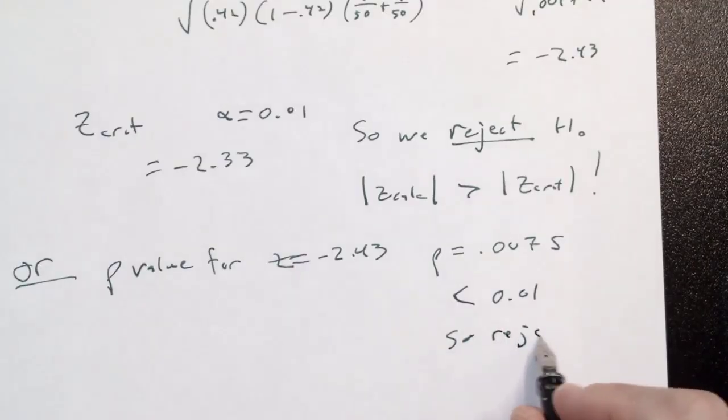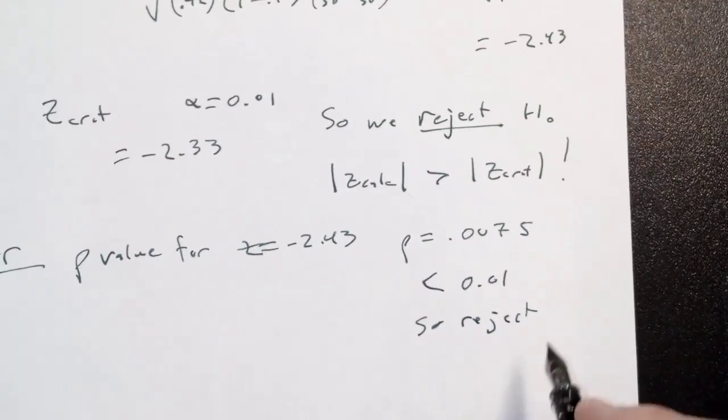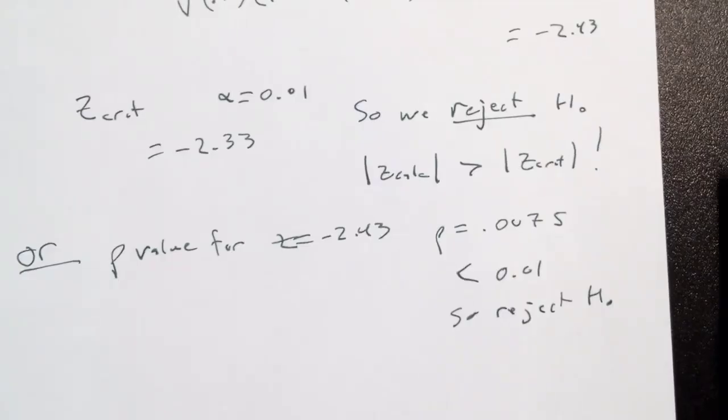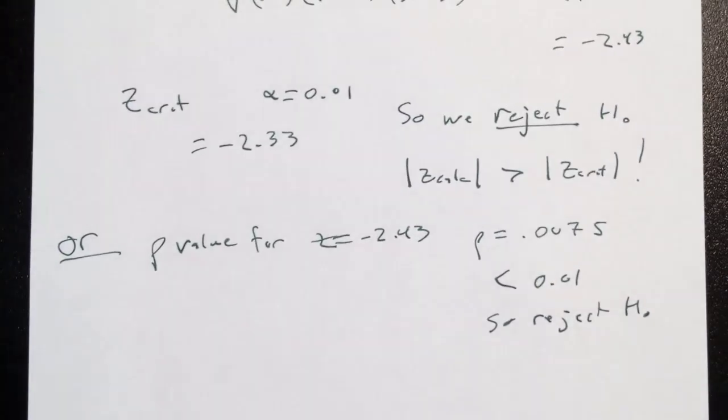So I reject. Which means, as far as I am concerned, for this set of data, there is a difference. The first car dealership has a lower repeat buyer group than the new second car dealership. I don't know if it's old or new, or if it's just two different dealerships.